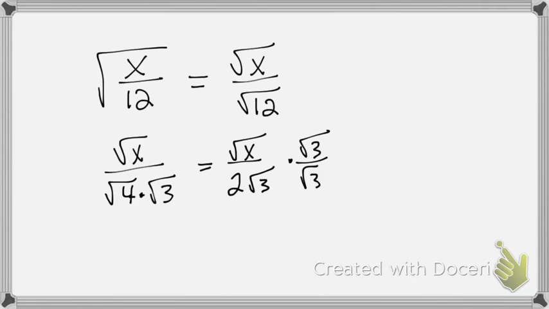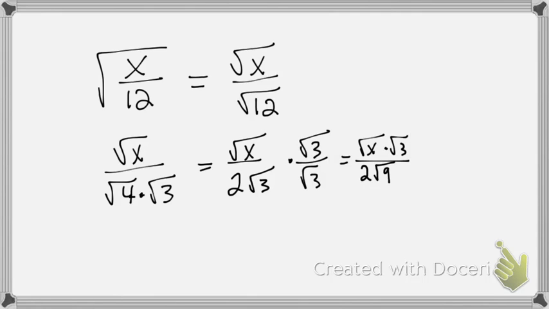So this turns out to be the square root of x times the square root of 3. Now, in our denominator, if we multiply this square root of 3 times the square root of 3 right here, that's going to give you the square root of 9. And the 2 stays on the outside.